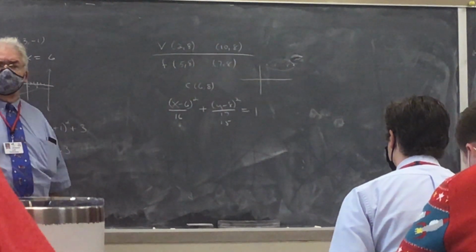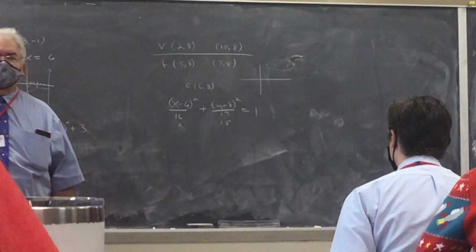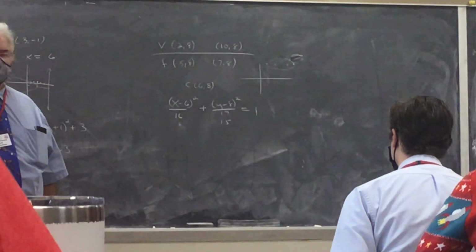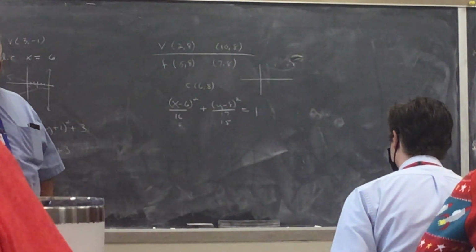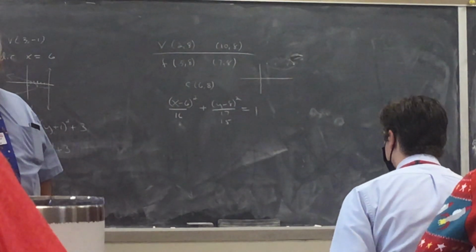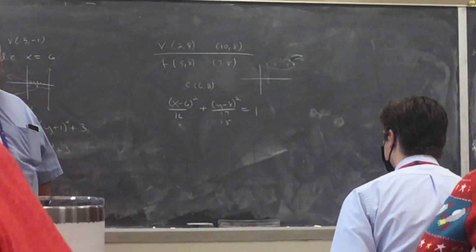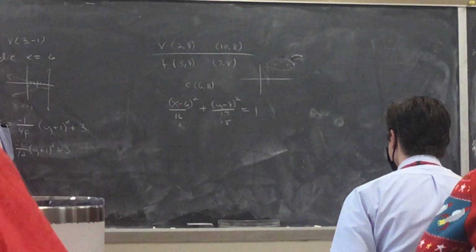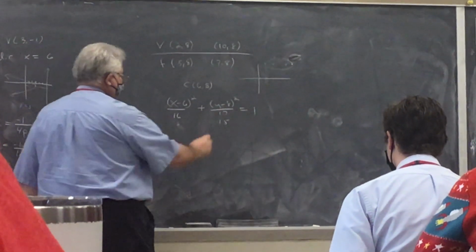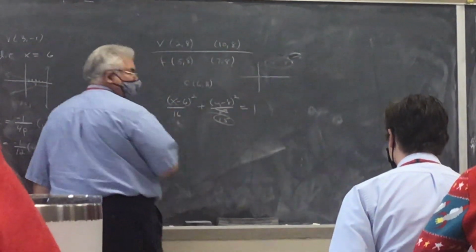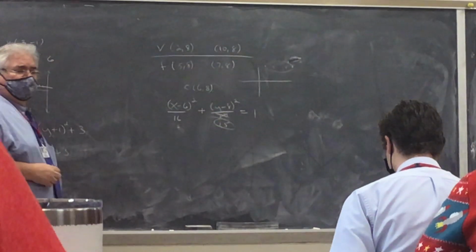Which one's it gonna be? It's gonna be 15. It's gotta be 15, because the football's like this, horizontally. The bigger number's gotta be under the X. So I need a 15 under there.